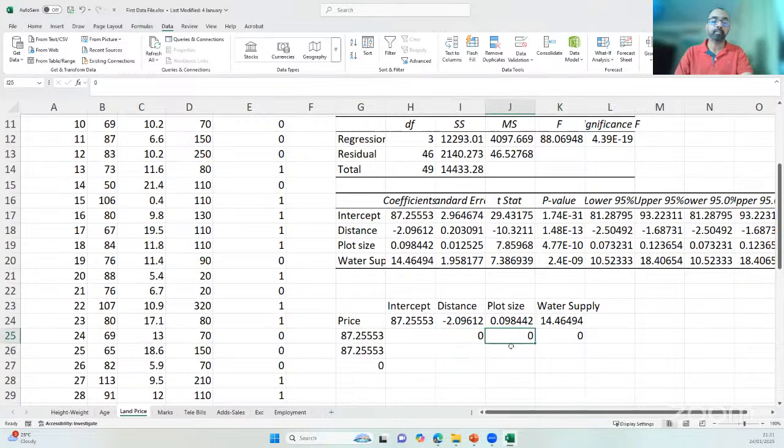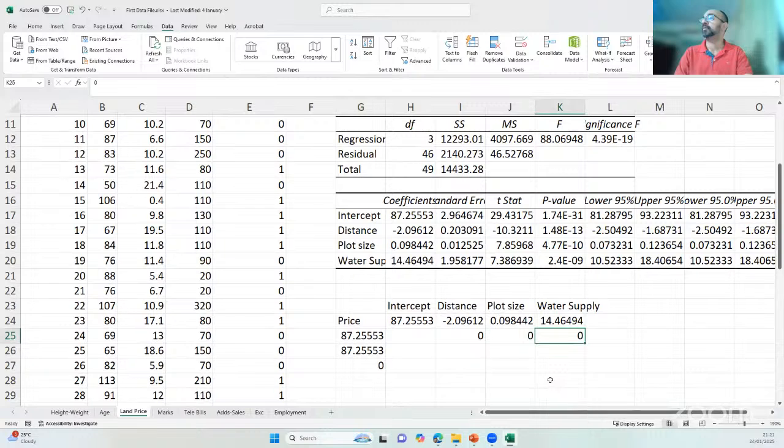And plot size, if the plot size is 10, you can see the price increases by 0.98. So if the plot size is 100 perch, you can see the price is increased by 9.84. Okay. So I put 0 for the clarity, but 0 cannot be there, right?